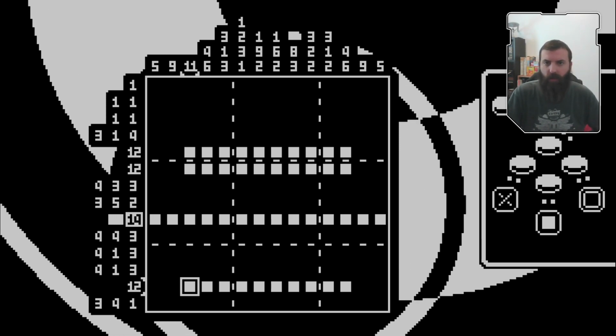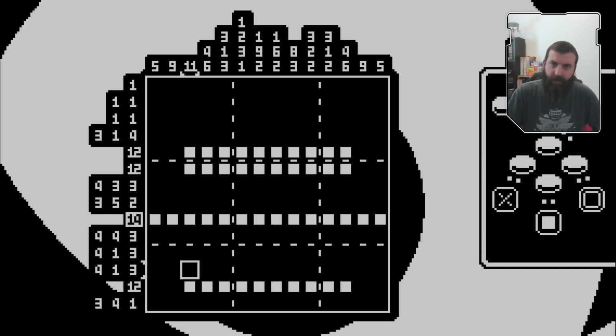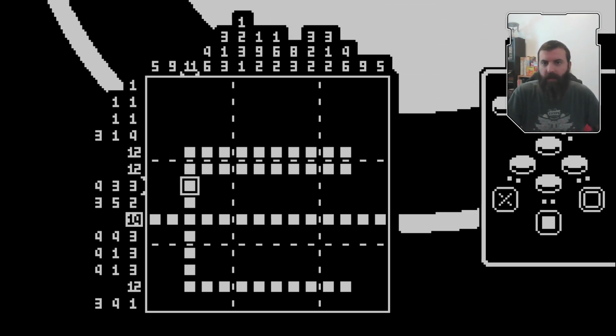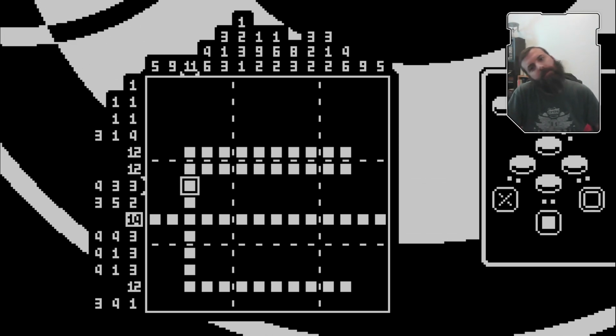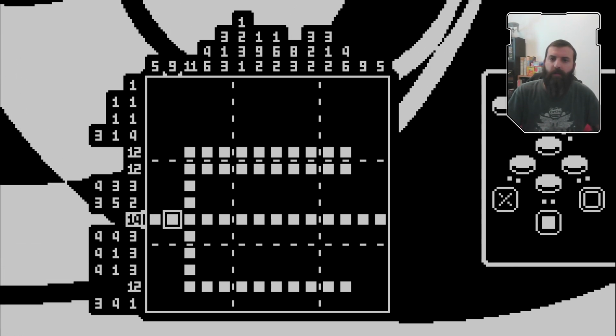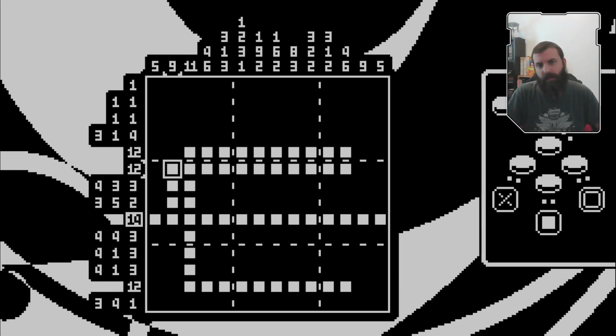Guessing that low 12 there is actually going to be a huge help for us. Alright, we've got a vertical 11. Means that these have to be filled in.